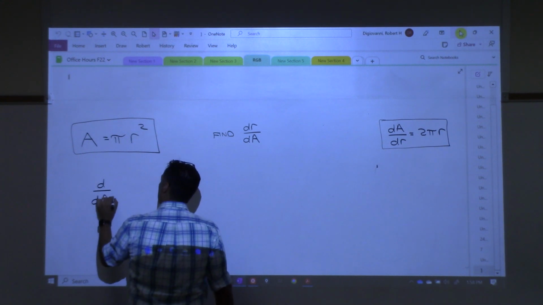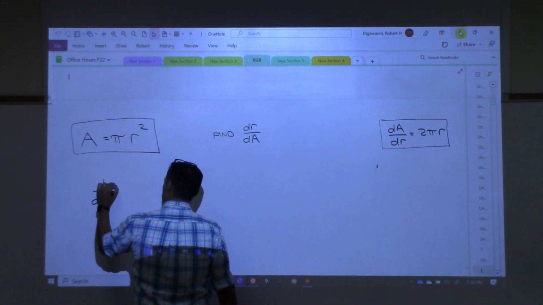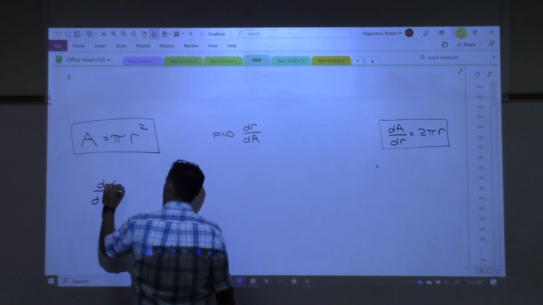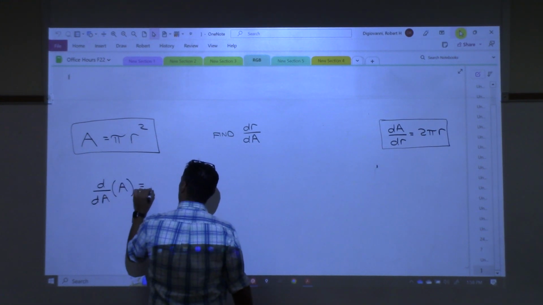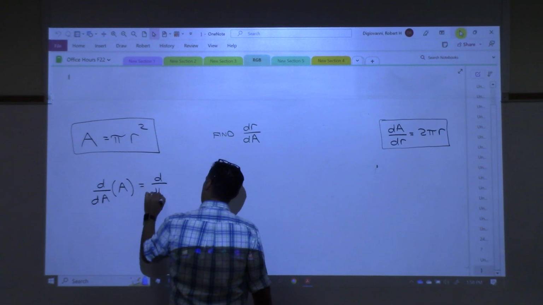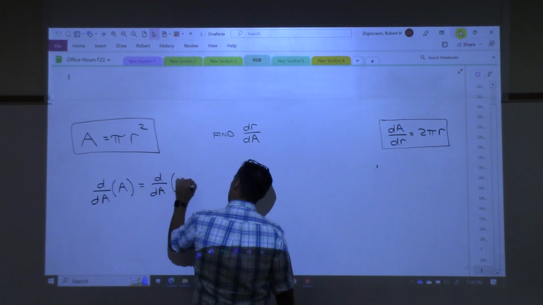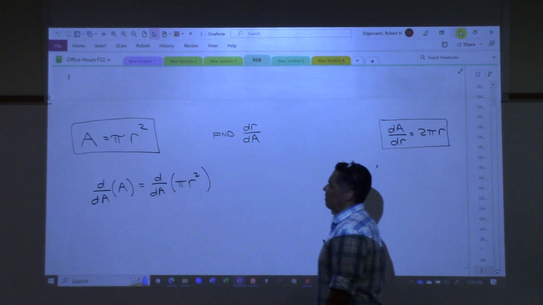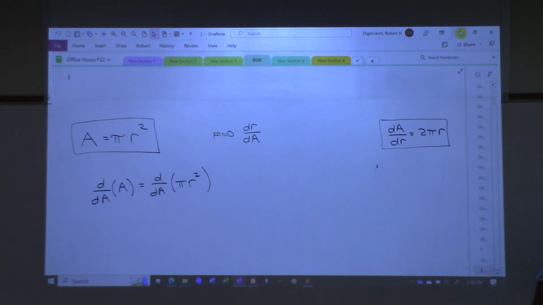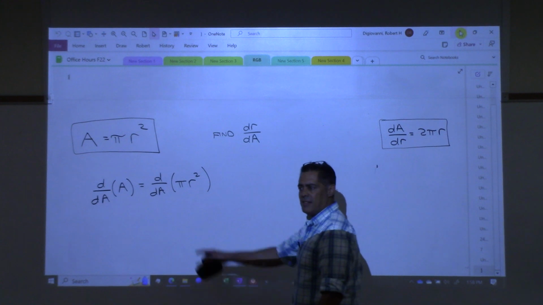A. So I'm doing d/dA of A, and then equals d/dA of pi r squared. What's the left side this time? It's just 1, right? Because that's dA/dA.